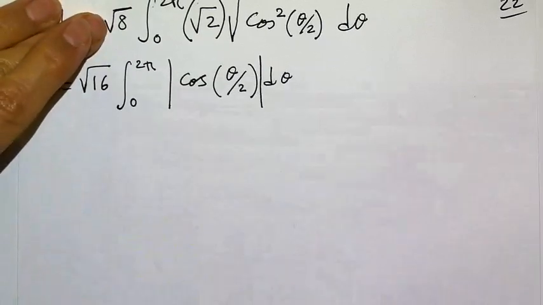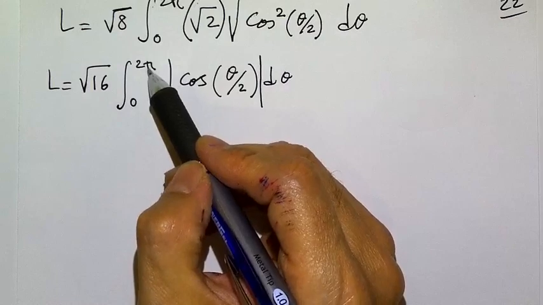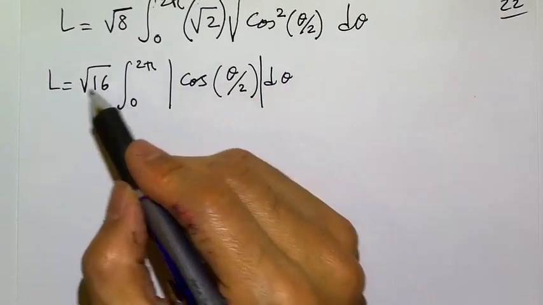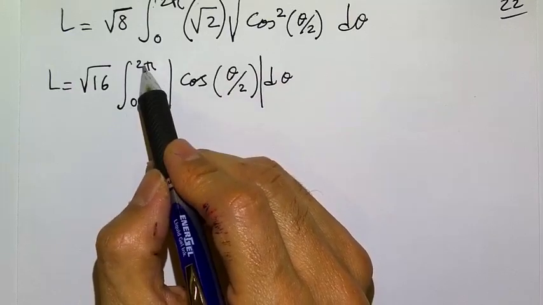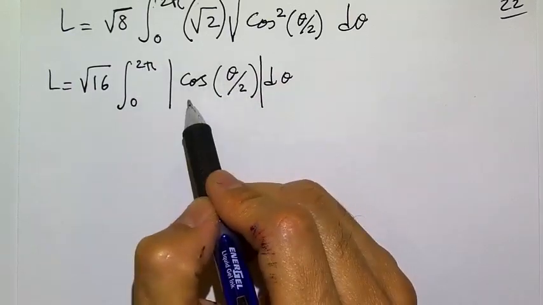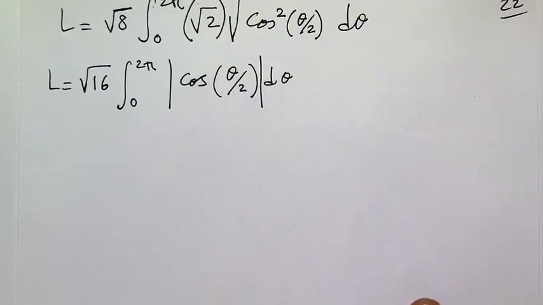So we can change these limits of integration from 0 to pi, but by symmetry we can multiply the whole thing by 2. The nice thing about that, if we integrate from 0 to pi, we don't have to worry about this inside being negative. Okay, so let's do that.